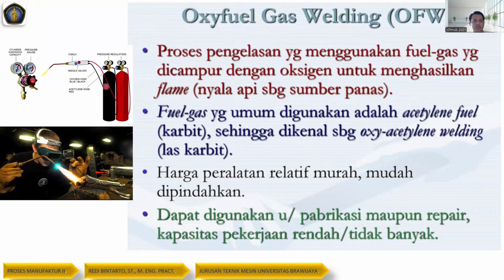Here we can see there are two regulators for the pressure, and this is the torch, the pressure gauge, and the cylinder content capacity. We can control the volume of the gas, between the oxygen and acetylene, and then we get the flame here.